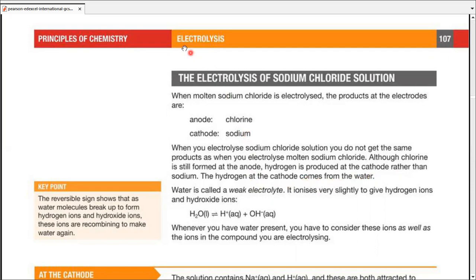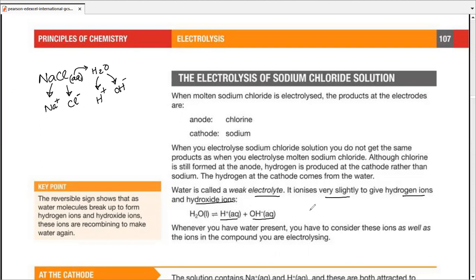Now we need to understand that this time we have NaCl aqueous. Aqueous means water. Now we get Na+ ions and Cl- ions from sodium chloride, but water is also capable of breaking into ions. As astonishing as it may seem, water is a weak electrolyte. It ionizes very slightly to give hydrogen ions and hydroxide ions in this reaction.